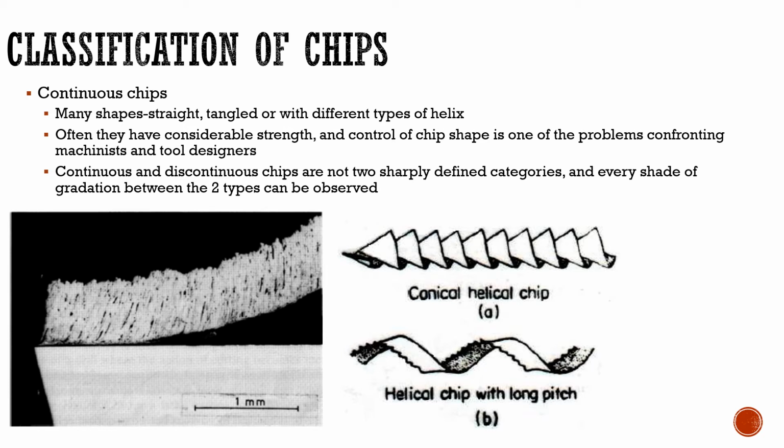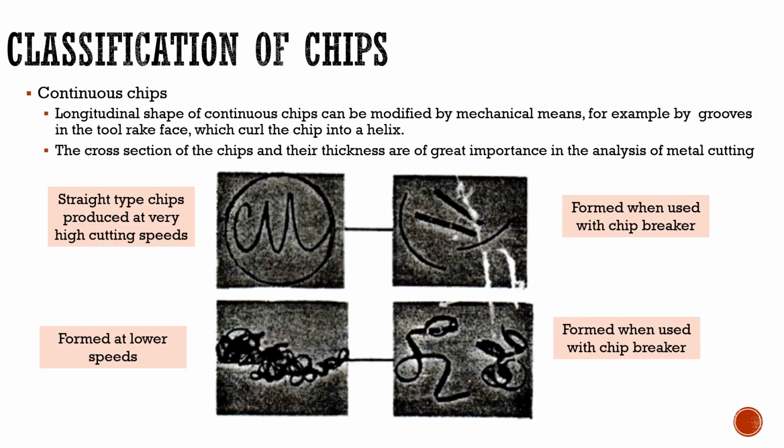Continuous and discontinuous chips are not two sharply defined categories. Every shade of gradation between the two types can be observed. The longitudinal shape of continuous chips can be modified by mechanical means, for example by grooving in the tool rake face, which helps to curl the chip into helix form.